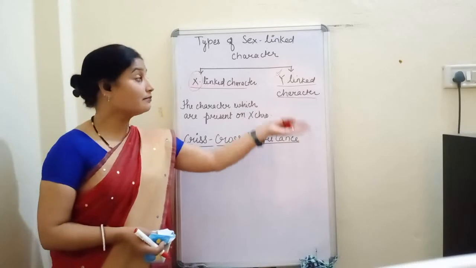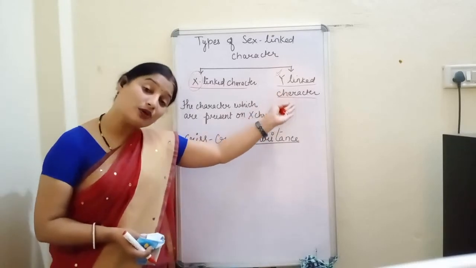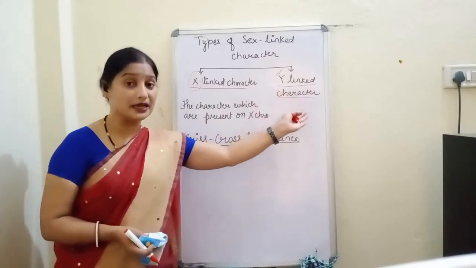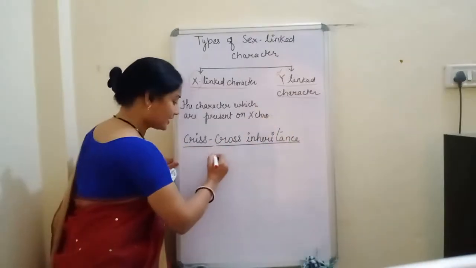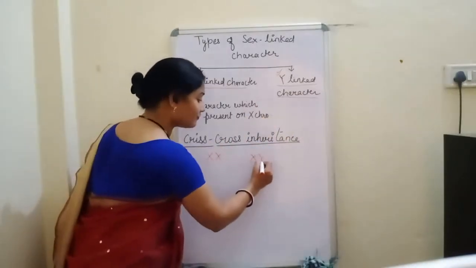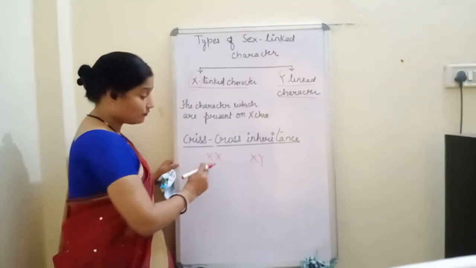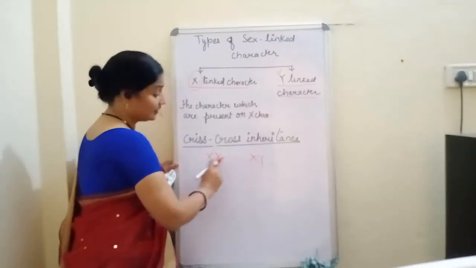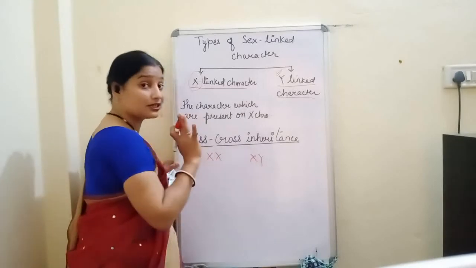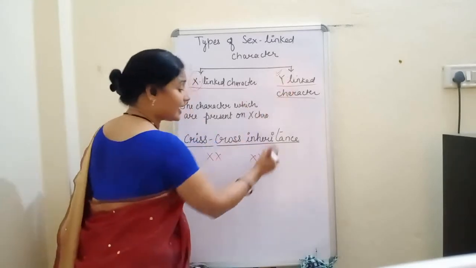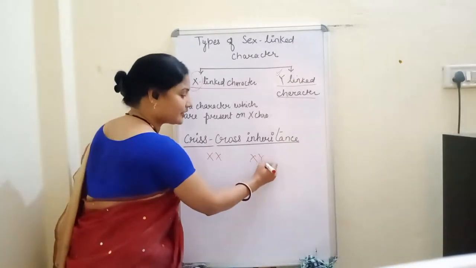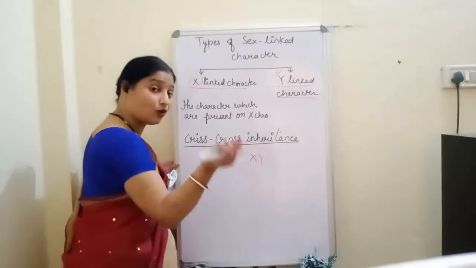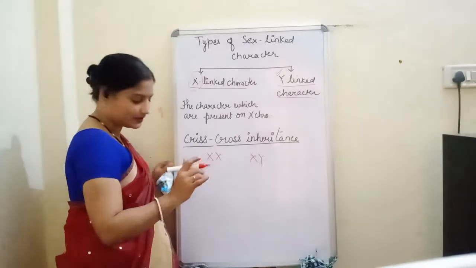But Y-linked characters are only present in males. Understood? Because X is found in both males and females, whatever the character is, it will be present in both. But Y-linked, as it is found only in males, so the characters of this chromosome will only be found in the males. Clear?